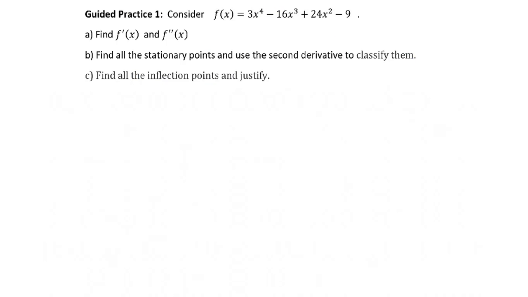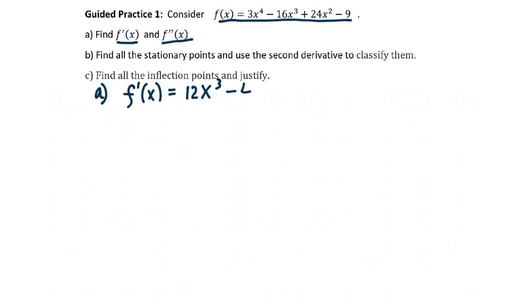Let's go to guided practice 1. Consider f of x equals this. Find the first derivative and the second derivative. For part a, the first derivative is 12x to the third power minus 48x squared plus 48x, then minus 0, which you don't have to write down.